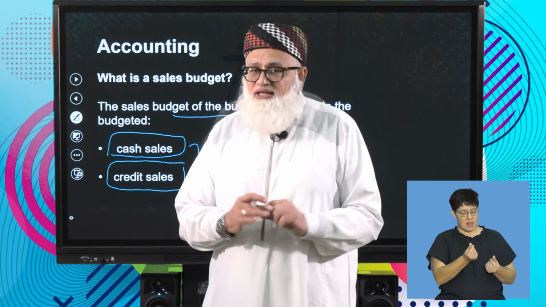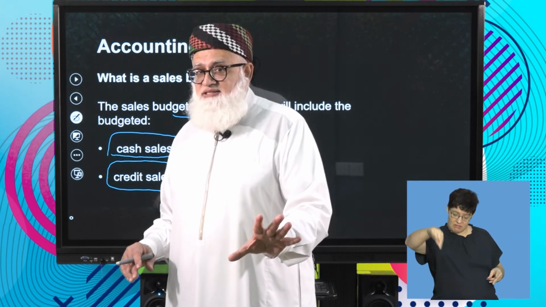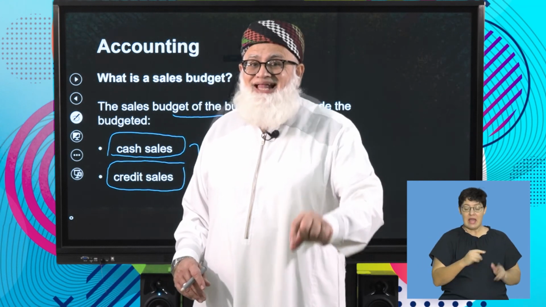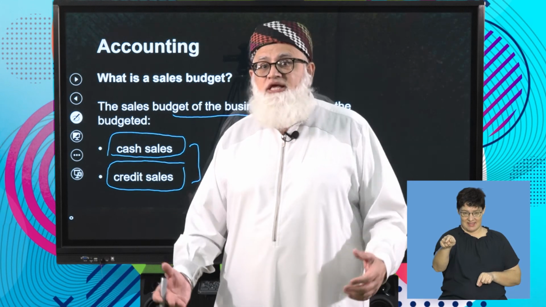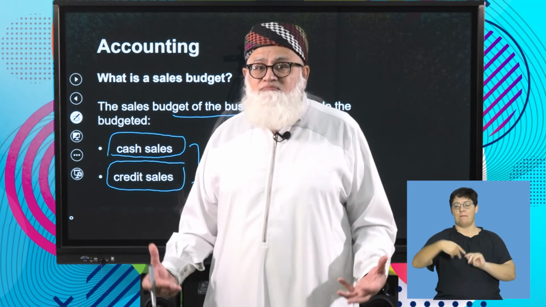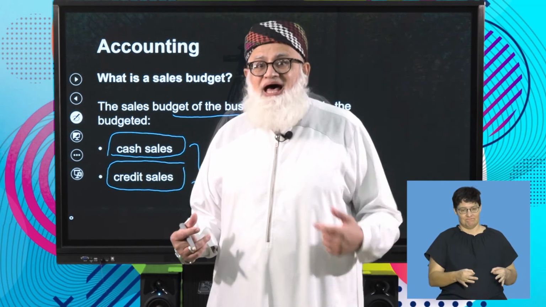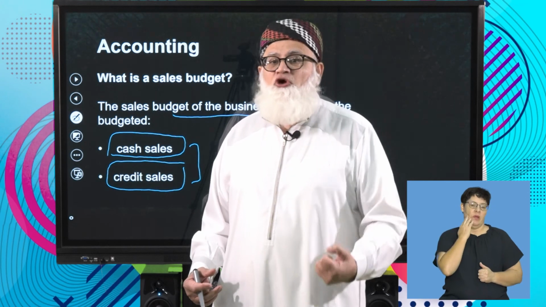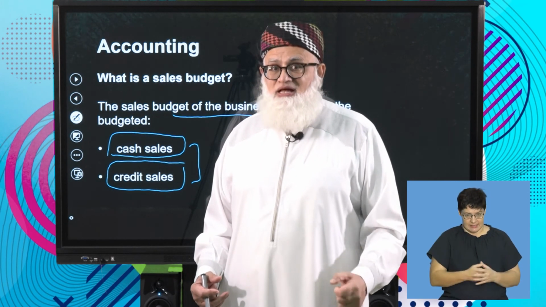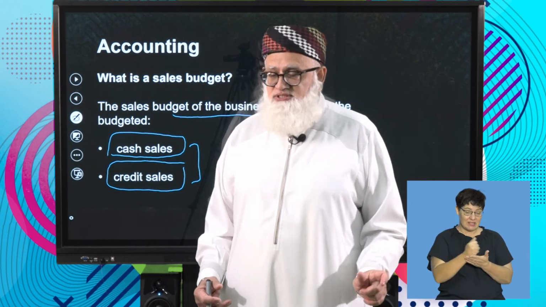We're receiving the money, everything's hunky-dory. But credit sales is where you first sell to your consumer on credit. Obviously, you're going to agree to certain terms with them, and that will determine how you are going to receive the cash from your debtors. So the credit sales component is very, very important.